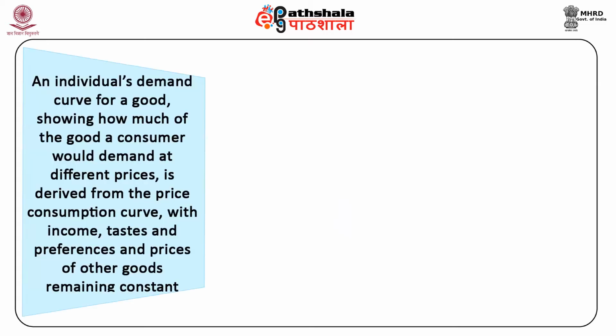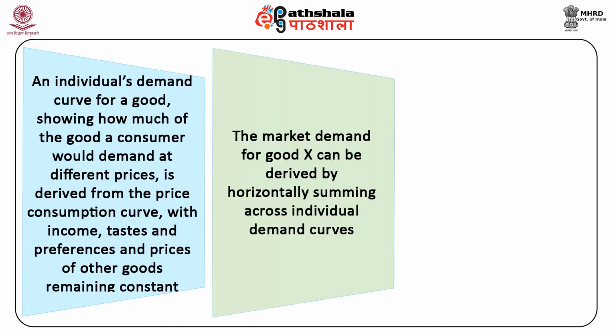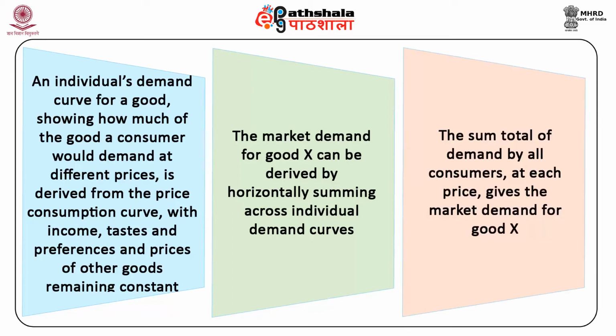Thus, an individual's demand curve for a good, showing how much of the good a consumer will demand at different prices, is derived from the price consumption curve with income, taste and preferences, and prices of other goods remaining constant. You may note that the market demand for good X can be derived by horizontally summing across individual demand curves. The sum total of demand by all consumers at each price gives the market demand for good X.